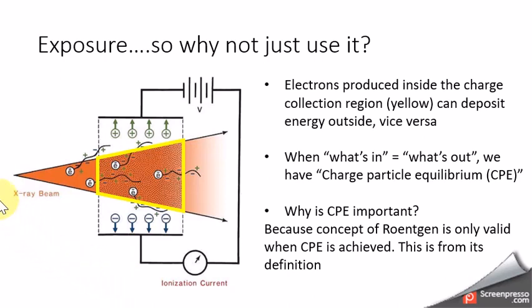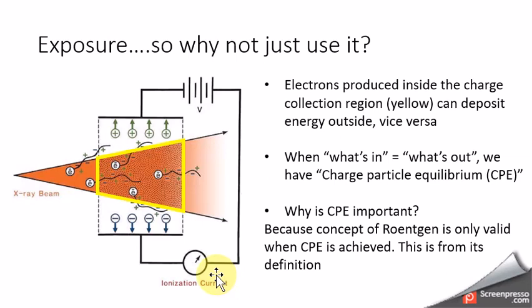For example, an X-ray beam comes into this measuring area circled by this yellow region, and then the beam produces ionization, so the ions and electrons get drawn by those electric plates and form current, and that's basically how you measure exposure.